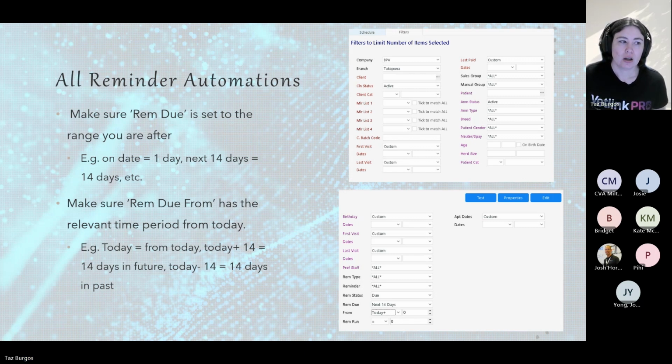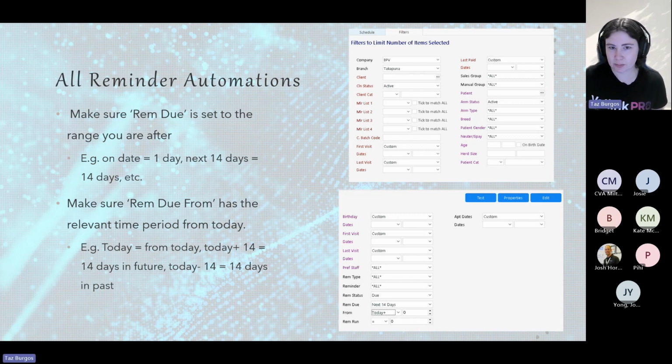So if we are specifying on date, that is specifically one particular day. If it says next 14 days, it is a range of 14 days. If it says next 30 days, it is a 30-day group. There are also ones in there for previous 7, previous 14, etc. There's quite a large range in there to pick from.